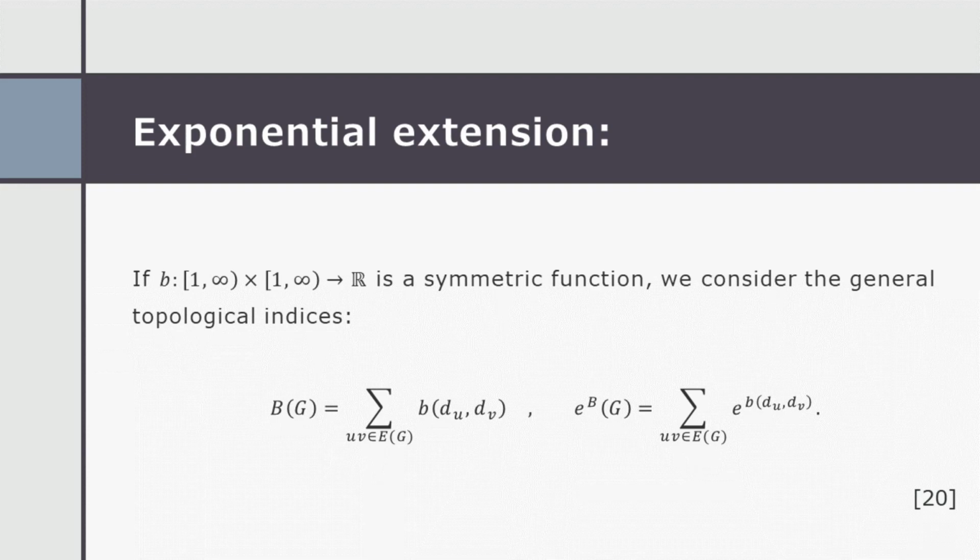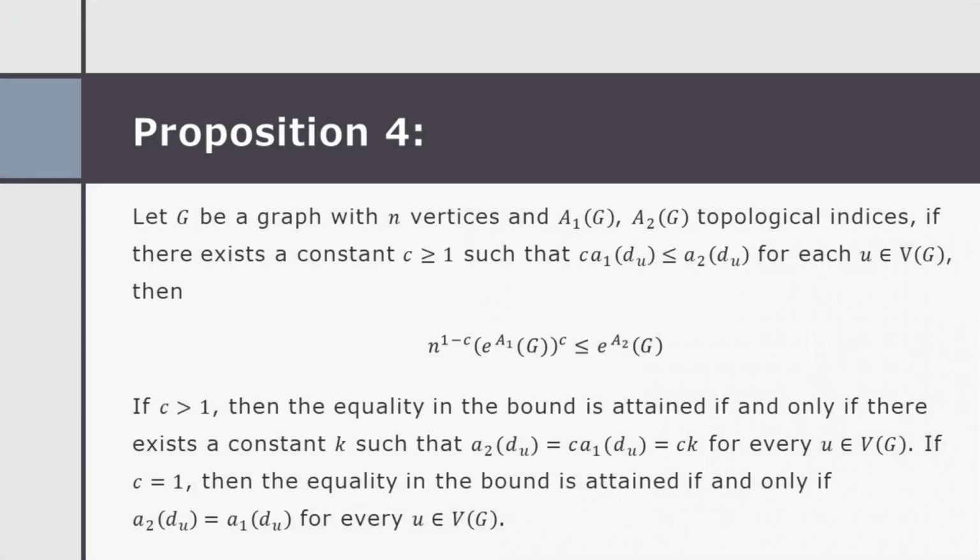The following result gives us an inequality relating two different exponential indices. Let G be a graph with n vertices, and a1 and a2 topological indices. If there exists a constant c greater than or equal to 1 such that c times a1 is less than or equal to a2 for each vertex of G, then the following relationship is true.